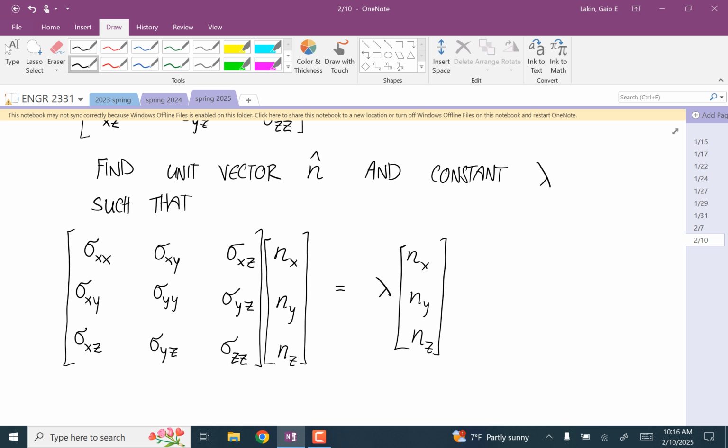You see that? In other words, we're going to find outward facing normals where the tractions are perpendicular to the face. There's no shear components on that traction.